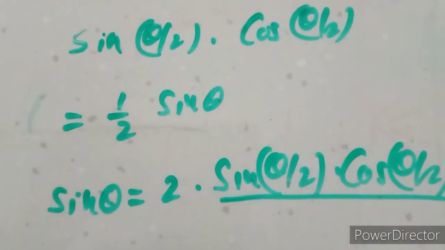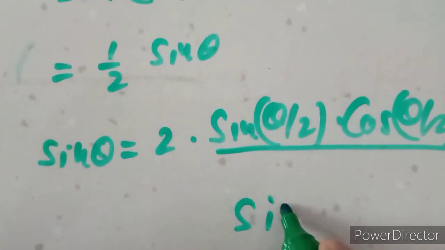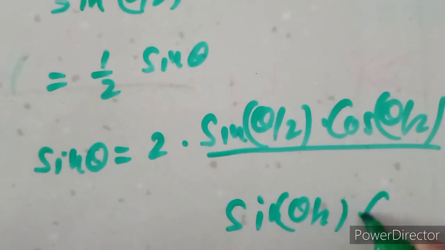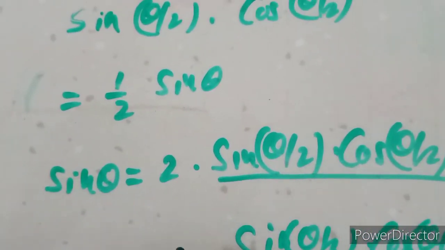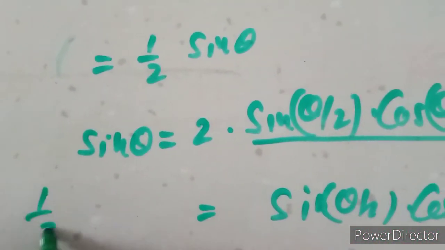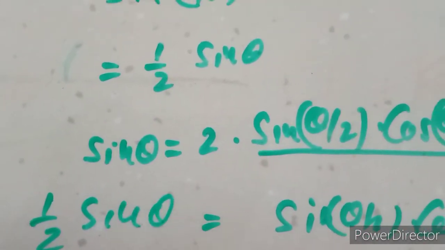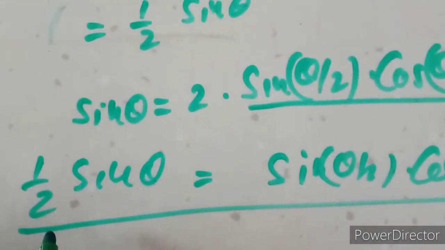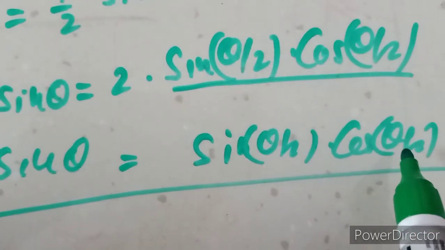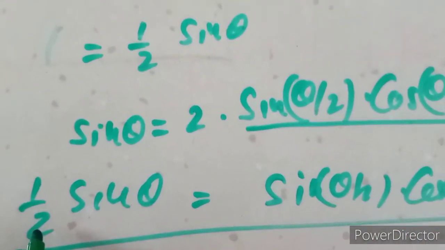So sin theta upon 2 cos theta upon 2 equals half sin theta.